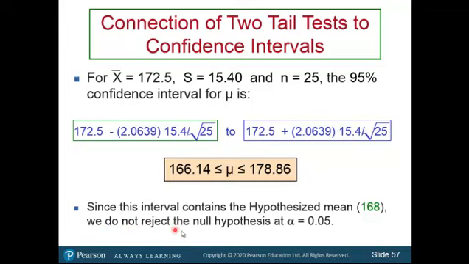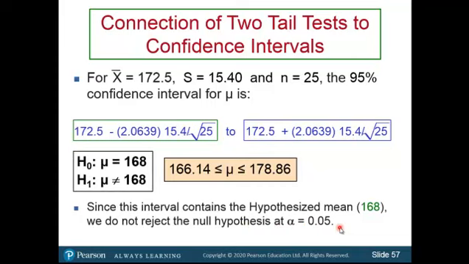We fail to reject the null hypothesis, and there is not enough evidence to do that at alpha level equal to 0.05. This is our null hypothesis, this is our alternate hypothesis, 168. So 168 is within this range, and we do not reject the null hypothesis.